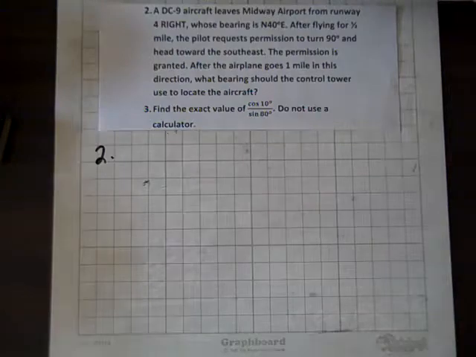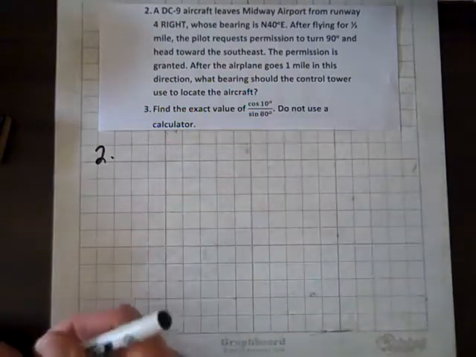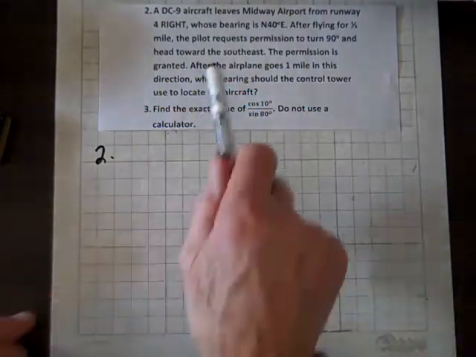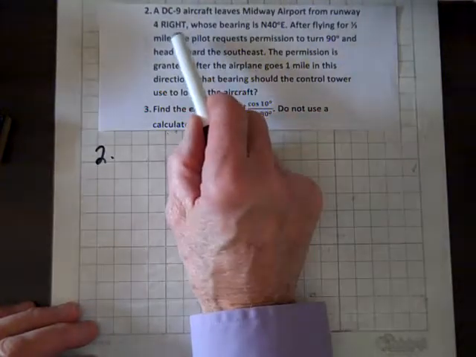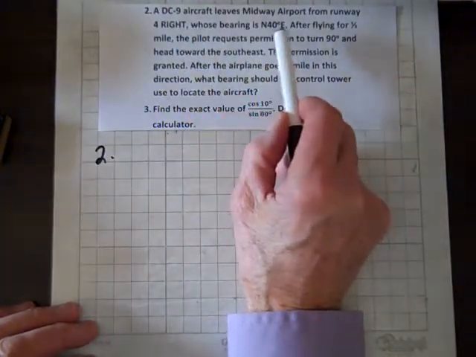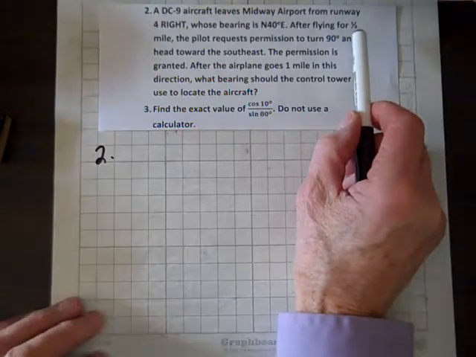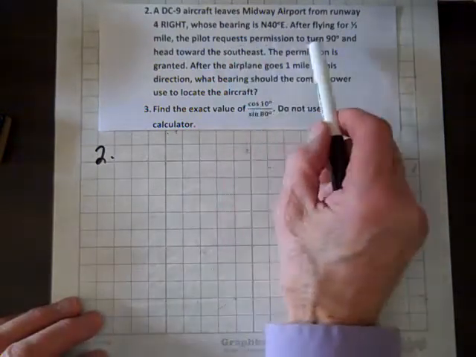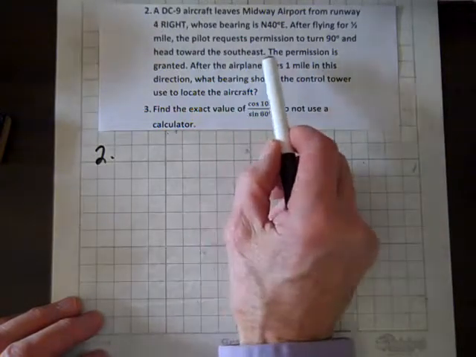Well, now we're doing question 2 on review 7.1, and it says a DC-9 aircraft leaves Midway Airport from runway 4 right, whose bearing is north 40 degrees east. After flying for 1/2 mile, the pilot requests permission to turn 90 degrees, head towards the southeast.